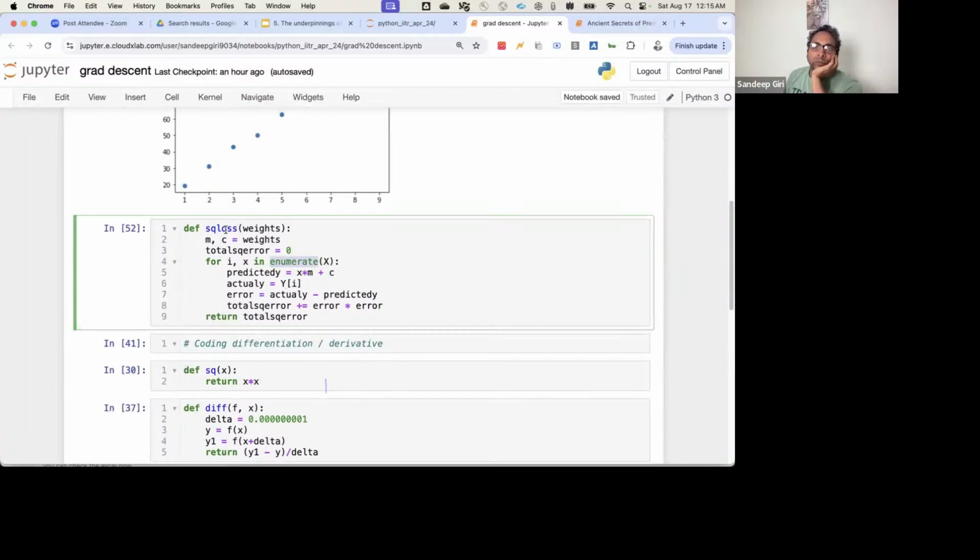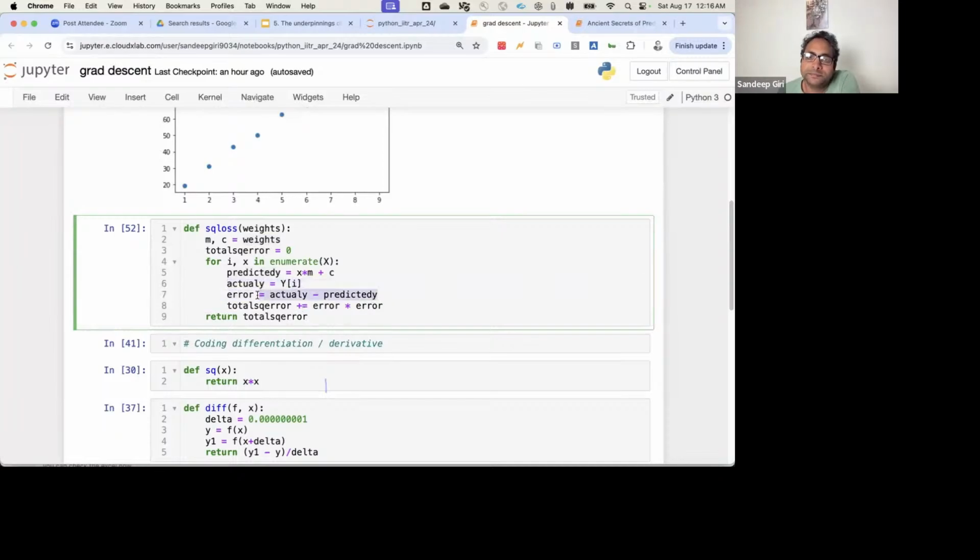This is how we are computing the loss. We are given these weights, and for every value of X, we are predicting the value of Y using these weights, and then we are calculating the error.